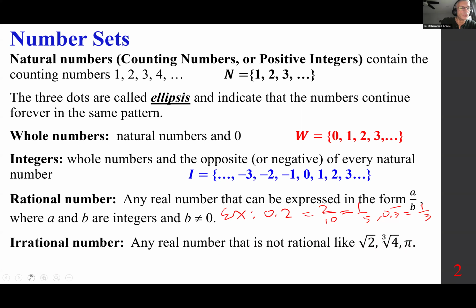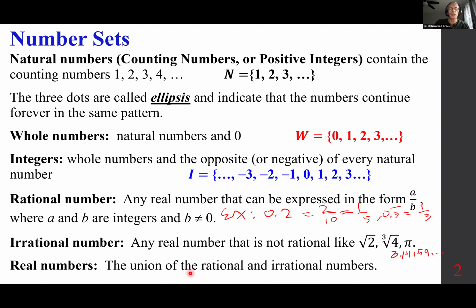Let me just write that for you. Pi is not equal to 3.14. Pi is 3.14159, and it continues indefinitely. So it's a non-repeating, non-terminating decimal.